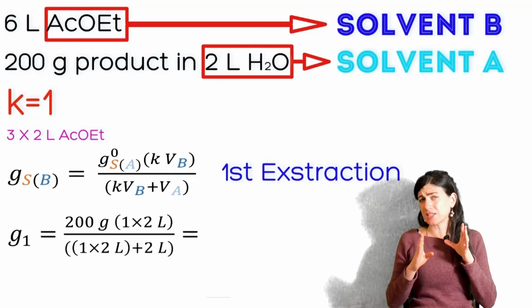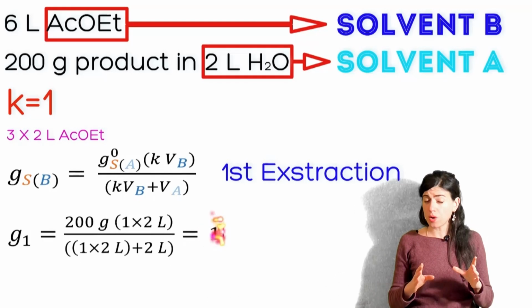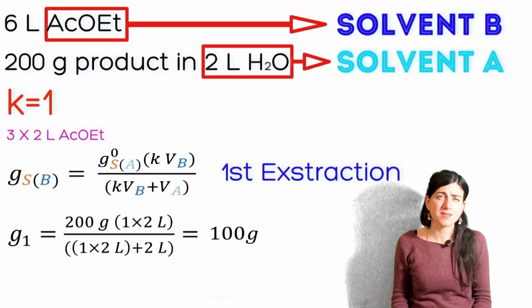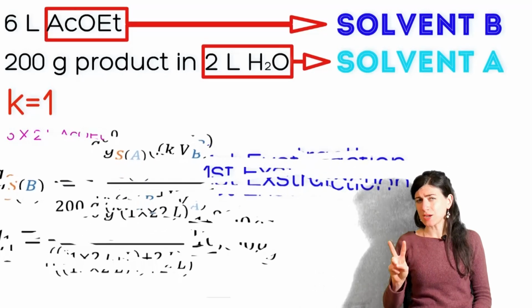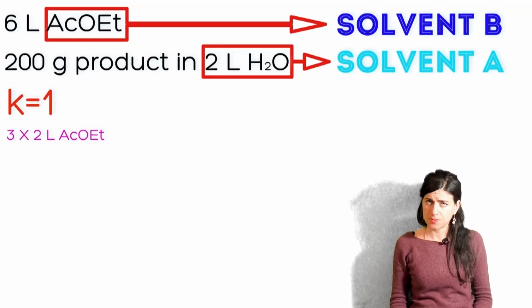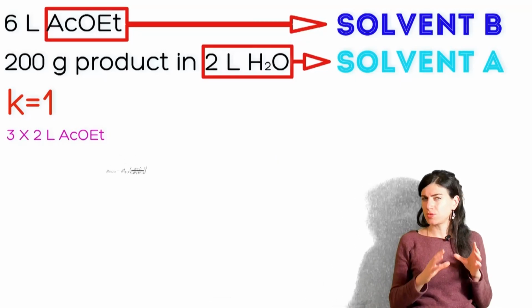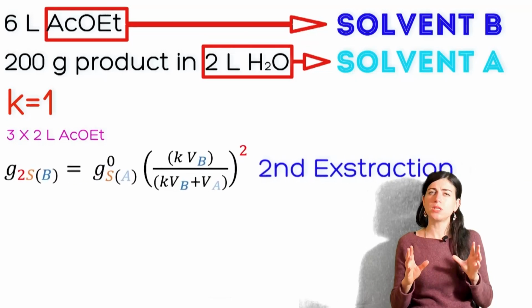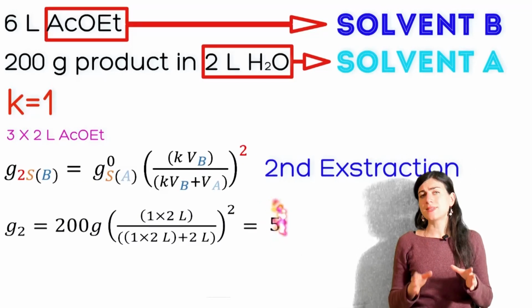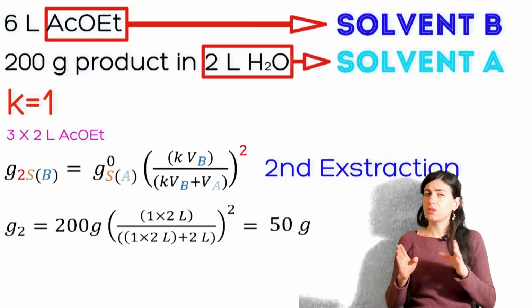So from the first extraction, we retrieve only 100 grams of solute. But what's next? We need to perform a second extraction using again 2 liters of ethyl acetate. So to understand the amount we retrieve from the second extraction, we need to use the equation with n equal 2. This time we obtain 50 grams.